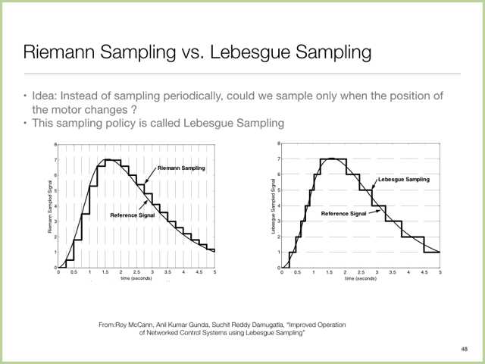In a standard sampling paradigm, every clock tick we are sampling, even though there are times at which the signal is changing rapidly and times at which it is reasonably stationary. Whereas this kind of sampling adapts according to that.